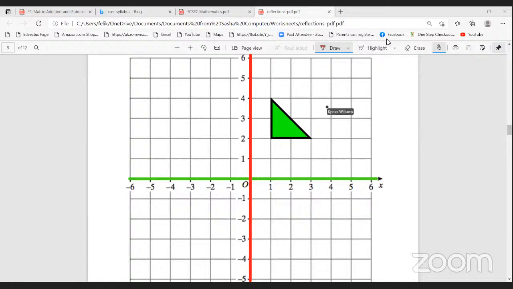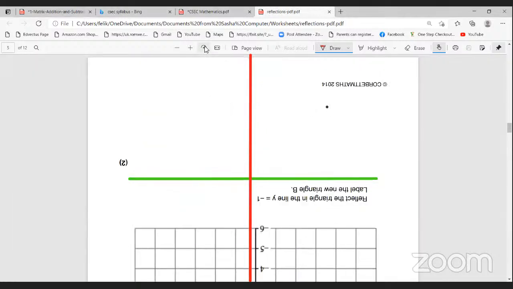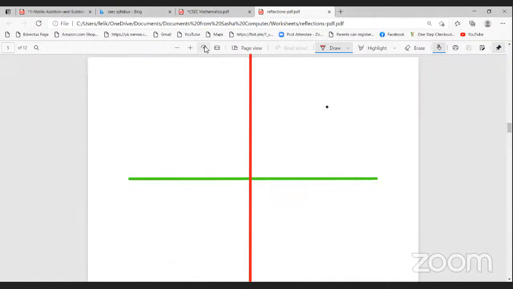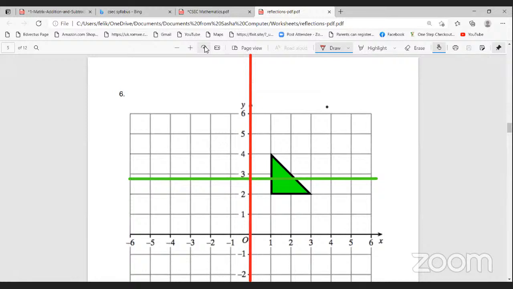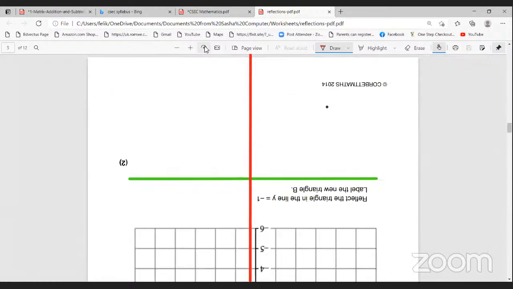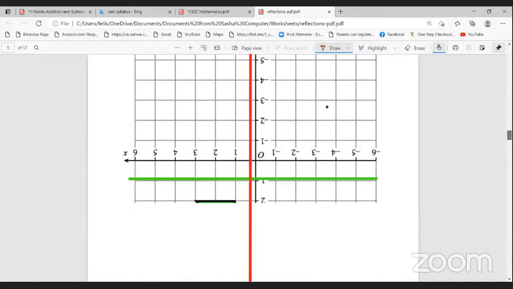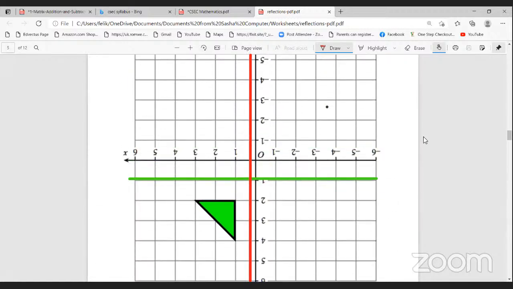Hold on. I don't want you to think that it goes down. What if the diagram was looking like this?